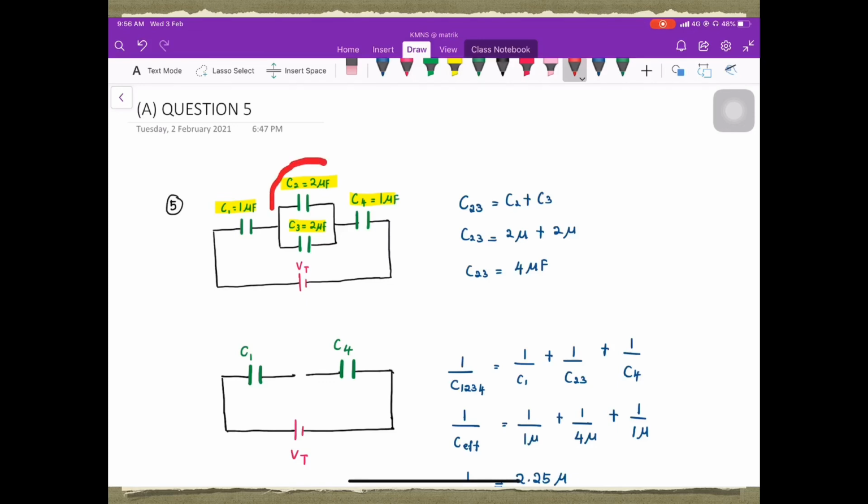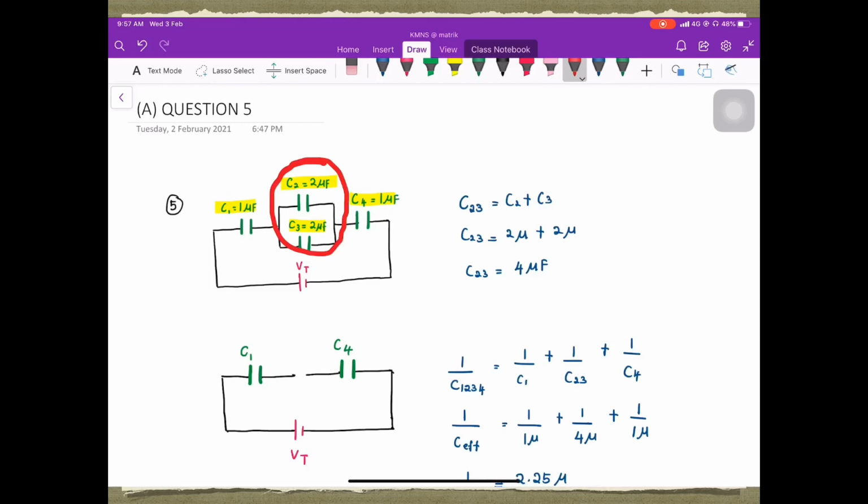Because this combination is complicated. For the complicated combination, we need to solve it first. So why do we choose C2 and C3? Because we need to solve the complicated one.